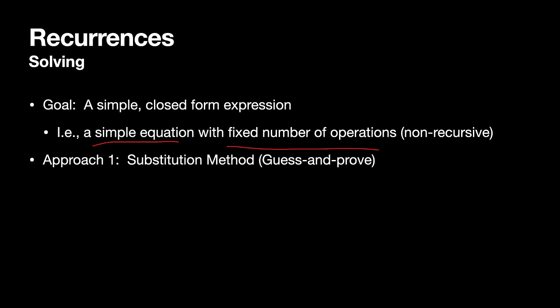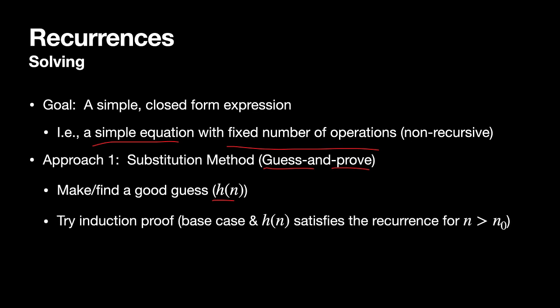One of the approaches was the substitution method, otherwise thought of as guess and prove. The basic idea here is that if you can make up or find a good guess, which I'll refer to as h of n, then you can try a proof by induction, and using a base case and induction, you can try and demonstrate that beyond some sort of an initial start point, your proof is correct.